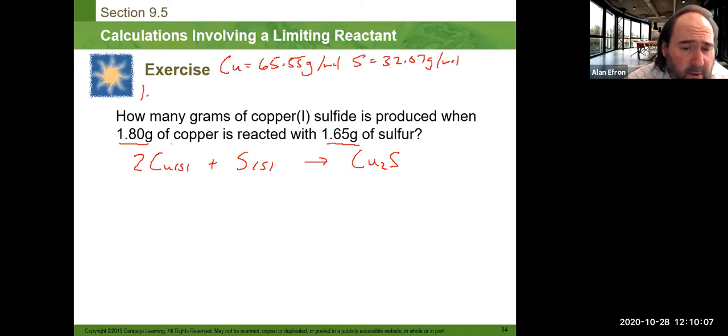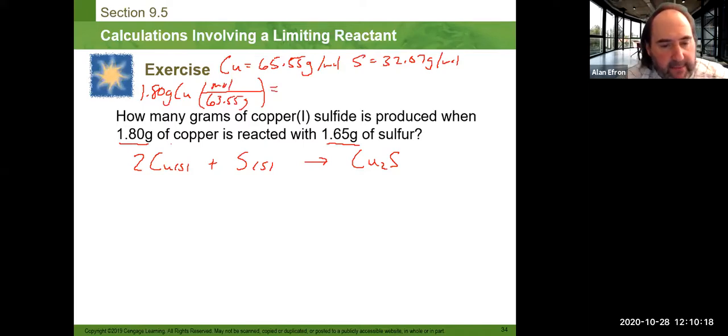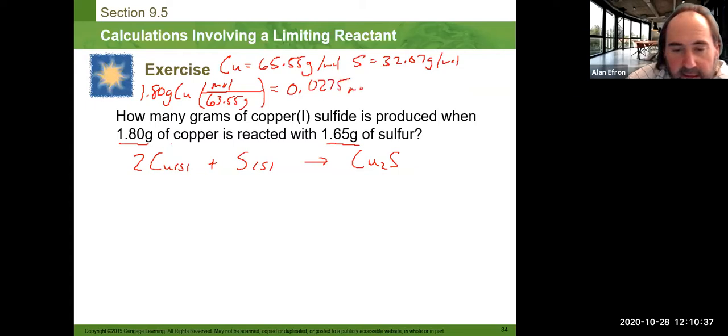We're going to take our 1.8 grams of copper, using the molar mass from the periodic table, and convert that into moles. That gives us, for copper, 1.8 divided by 63.55, and we got 0.0275 moles.